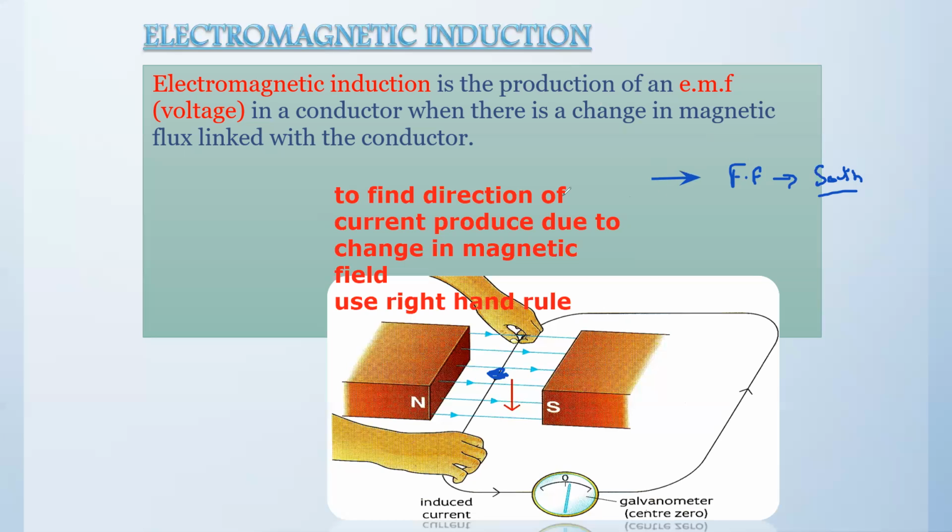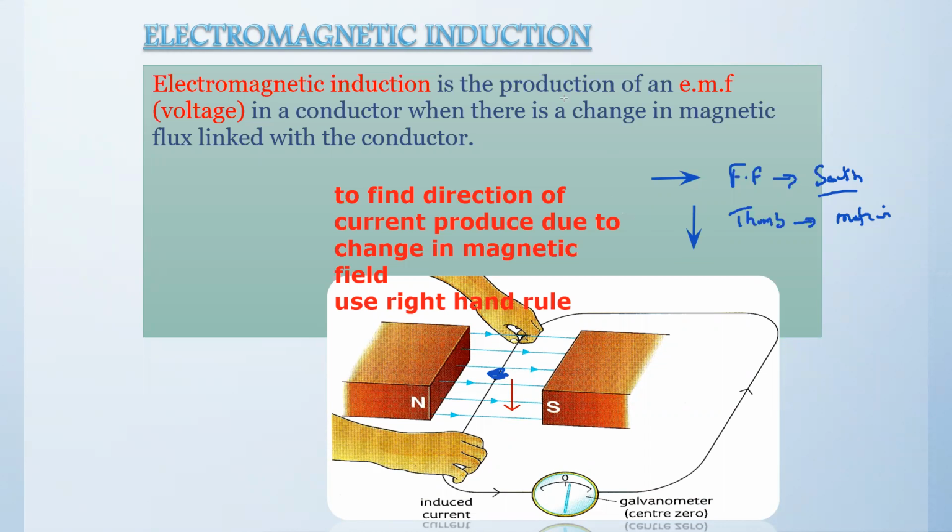Then your thumb represents the motion of the wire, because we know the motion of the wire. We are moving the wire downward, as you can see in the figure. So your right hand thumb should point downward. So your index finger should point towards the right, and your thumb should point downward.